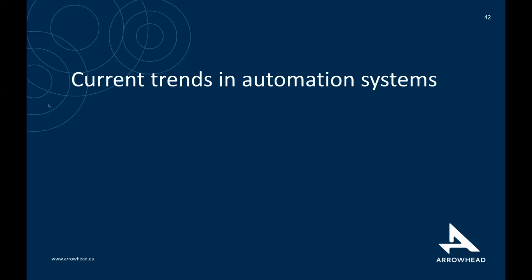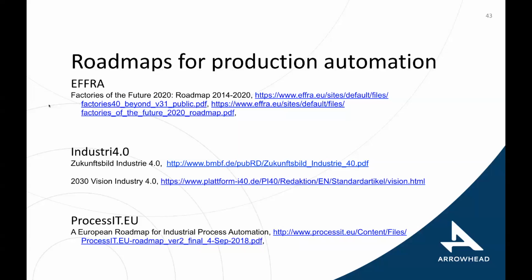So if we look at current trends in automation systems, what's going on and what are the changes we see? There are some roadmaps from EFRA, from Germany, Industry 4.0, and there is also ProcessIT.eu, a grouping around process industries that has made quite nice roadmaps.